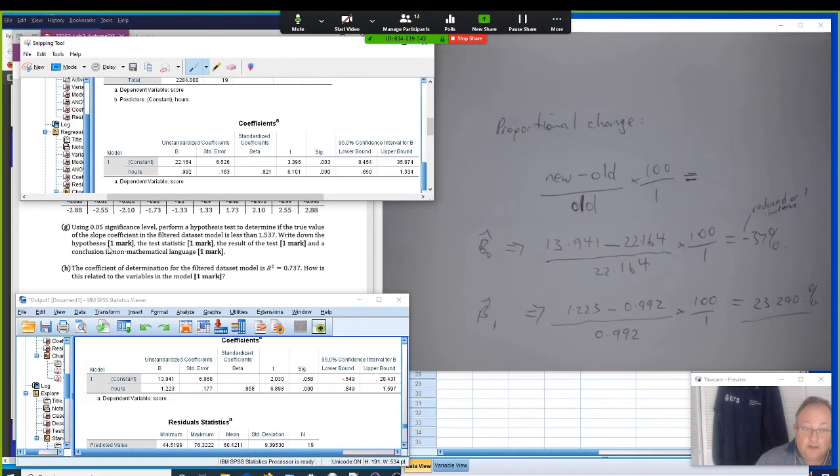So write down the hypothesis, the test statistic, the result of the test, and a conclusion in non-mathematical language.